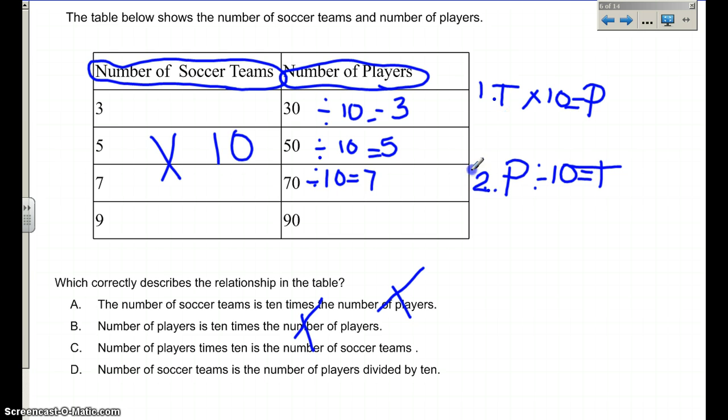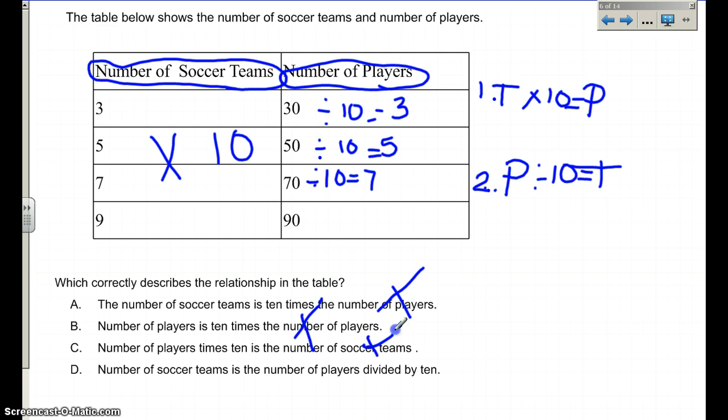So I'm going to look at teams equals players divided by 10. And this says players times 10. Well, if I take the number of players, 30, times 10, that's not going to get me 3. So C is not the answer.